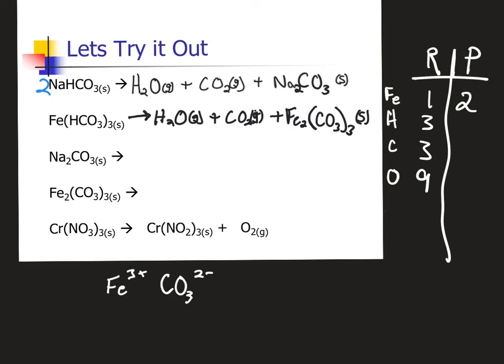Then on the other side, hydrogen goes to 2. Carbon gets a little funky as we go 1 there plus 3 is 4. It starts looking like a hot mess.